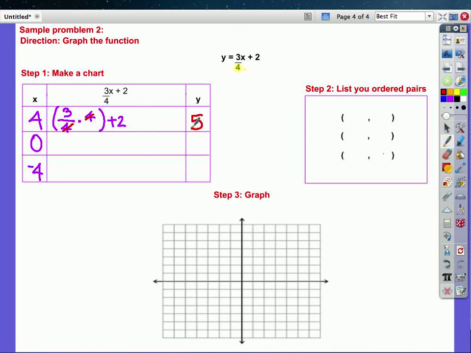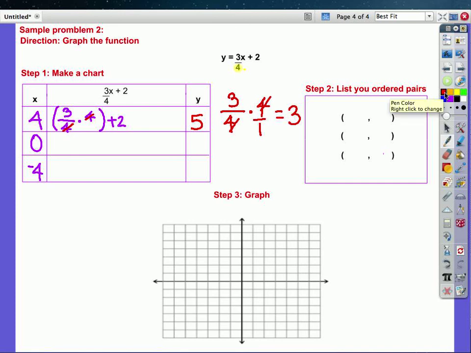So what we did, we took 3/4, and this is called cross cancellation. We're going to cancel it out. 3 over 1, because now that's 3 over 1 is just equal to 3. Now we added that to our 2.